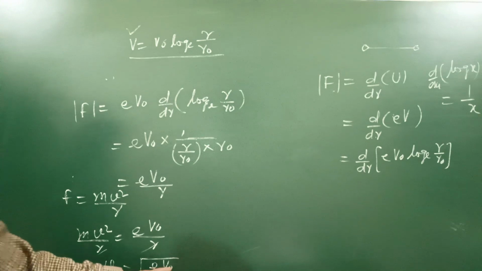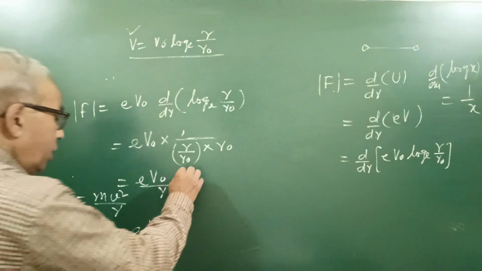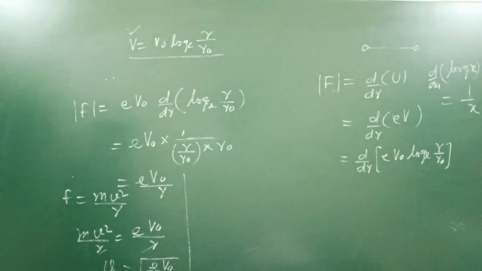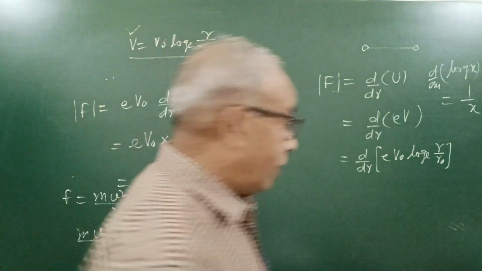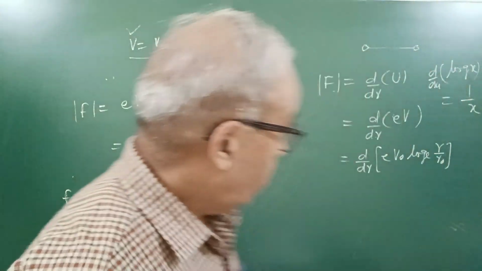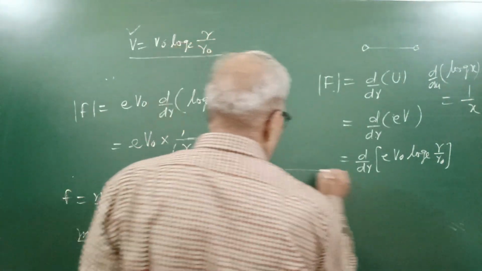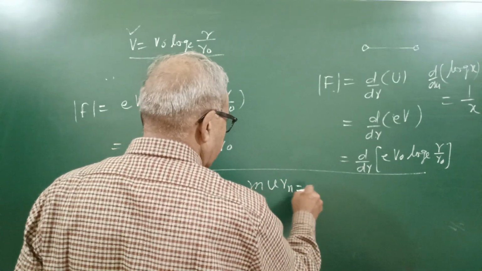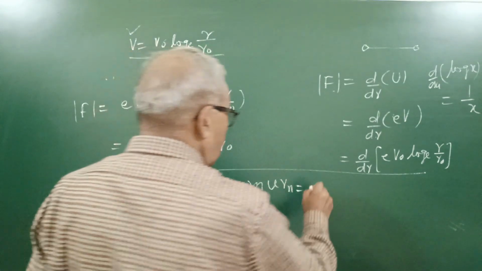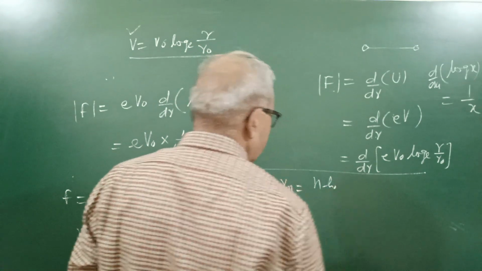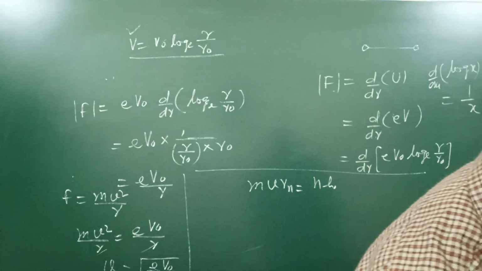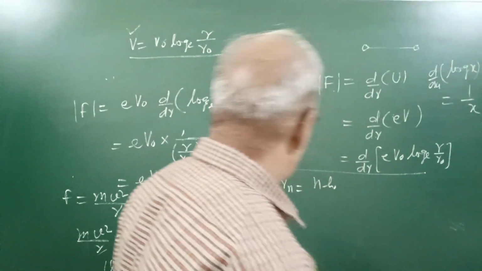Here e, V0 and m are all constant values, so v is a constant value. I hope you are getting my point. From the second postulate of Bohr theory, mvr_n equal to nh upon 2 pi, because we are asked how Rn depends on the principal quantum number.